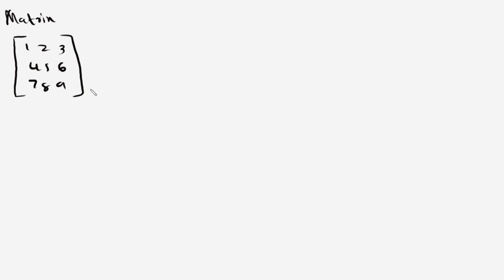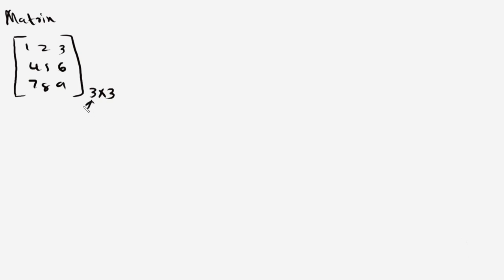Matrices. So a matrix is basically any kind of data grid. This can be something like this: 7, 8, 9, and each and every matrix has some specific order. So in this case, it is 3 cross 3.